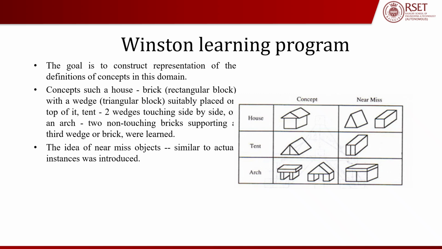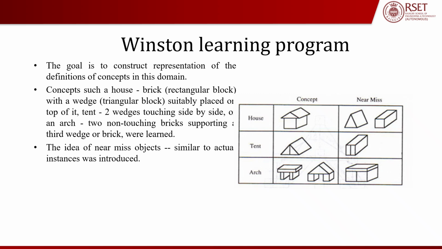So, what is a near miss? A near miss is an example that resembles the target concept but does not fully satisfy its definition. For example, a structure with walls but without a roof might look similar to a house, but is not actually a house.